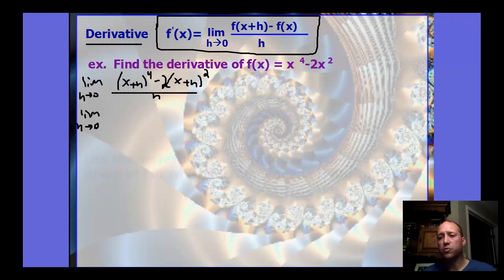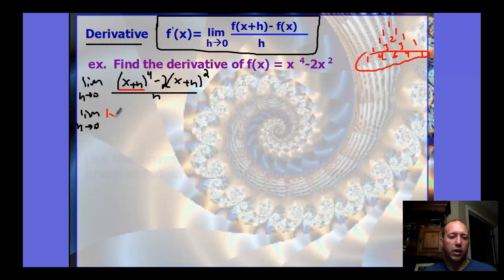So I'm going to use our knowledge from chapter 8, where I can look at Pascal's triangle. So this is 0, 1, 2, 3, row 4 is right here. These are my coefficients when I'm expanding x plus h to the 4th.